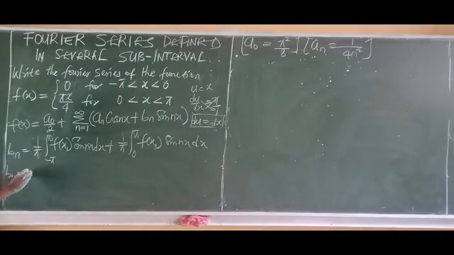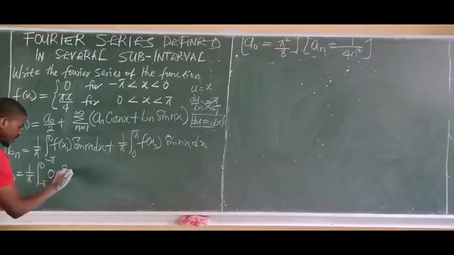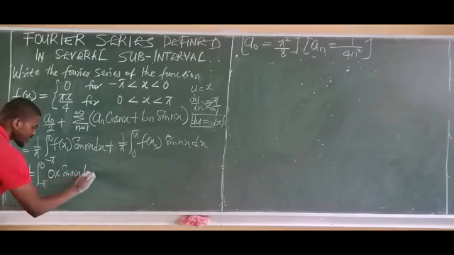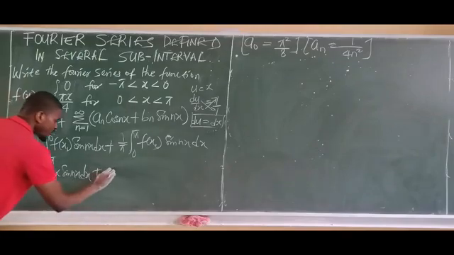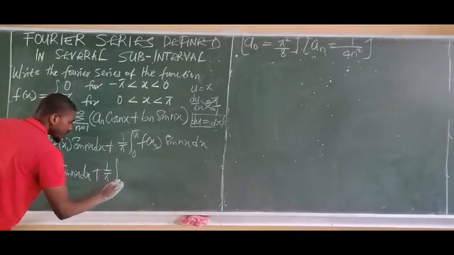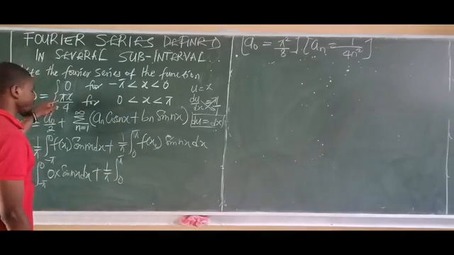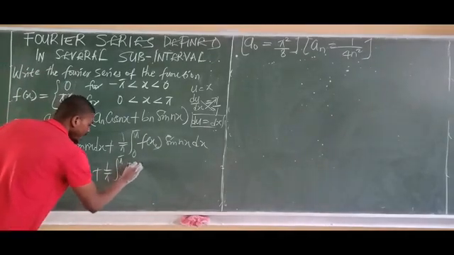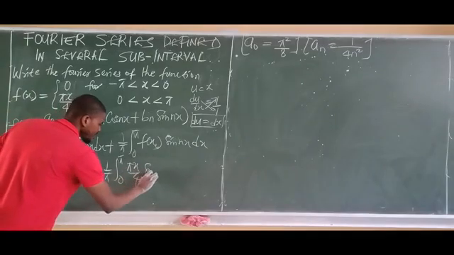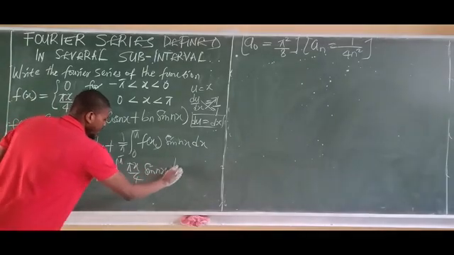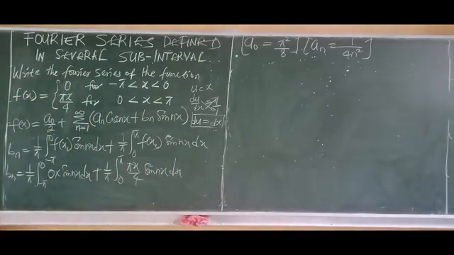Bn is equal to 1 all over pi integral minus pi to 0. F of x1 is the first function, which is 0. So you have 0 times sine nx times dx plus 1 over pi integral from 0 to pi, f of x2 is pi x over 4. So we have pi x all over 4 times sine nx multiplied by dx.